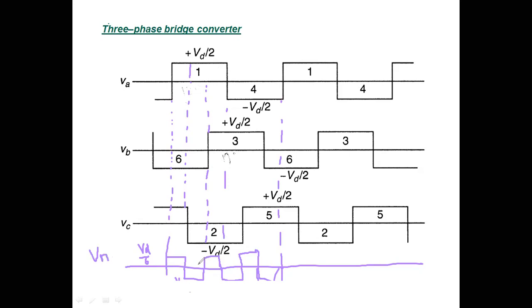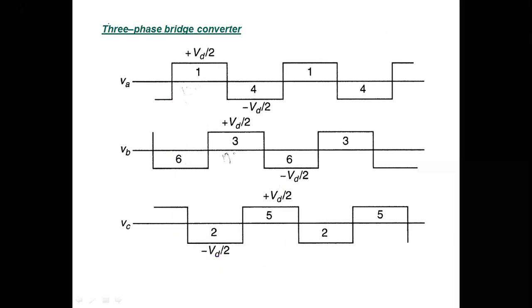So the frequency is 3 times of this one, and you can see that the amplitude is given by 1/3 of this one. The sum of these voltages Va plus Vb plus Vc, that is Vd by 6. That is very important as far as the neutral voltage is concerned. So please try to understand how to compute the neutral voltage from this.